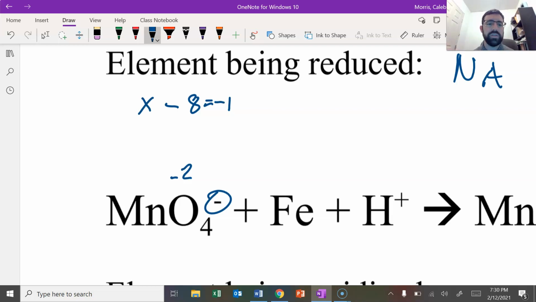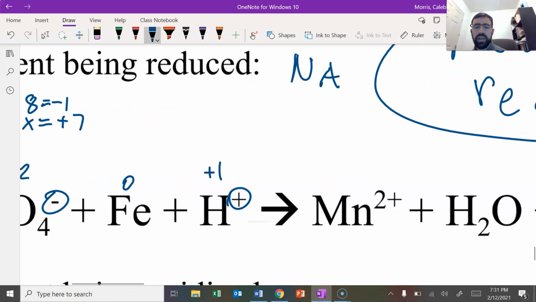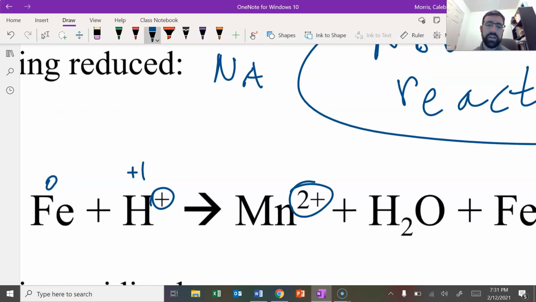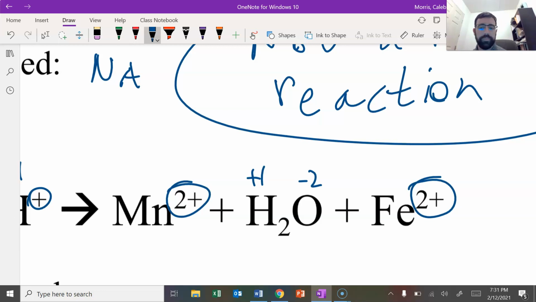X minus 8 equals -1, so X equals +7. Okay, Fe, it's all by itself. It's got to be 0. H+, that means +1. Now I have Mn2+, you know what that means. Oxygen, oxide is -2. We have hydrogen ions of +1. That adds up. 2 times 1 is +2, -2. They cancel each other out. Fe is a 2+ charge.